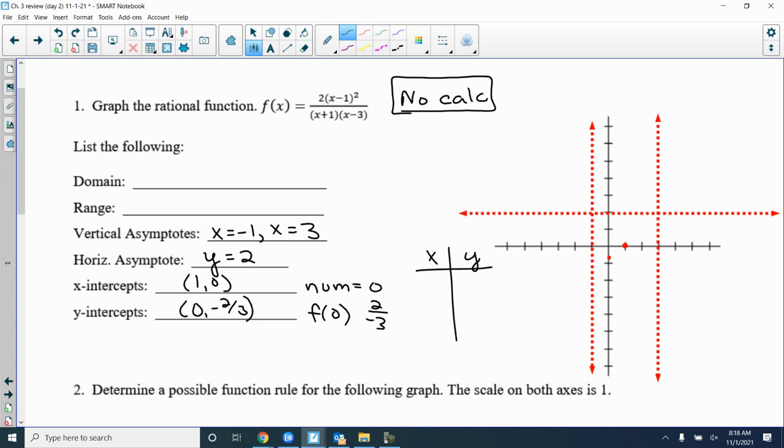All right, now I got to make a little bit of a chart. XY chart. I got to pick something to the left of this -1. I'm going to pick -3. I am going to pick -1/2. Plug that in because I want to just be sure what's happening in between this y-intercept and that axis. I'm going to plug in 2, and then I'm going to plug in 5.